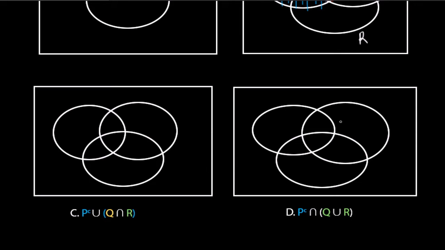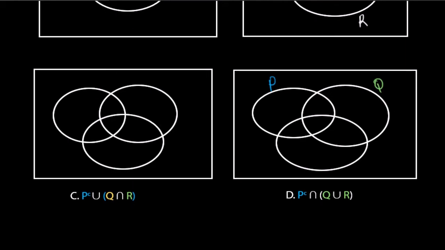Now for this one, let me call this my P, while this is going to be my Q, and then I'm going to call this my R. Now I have decided to use the same color for Q and R. Why?